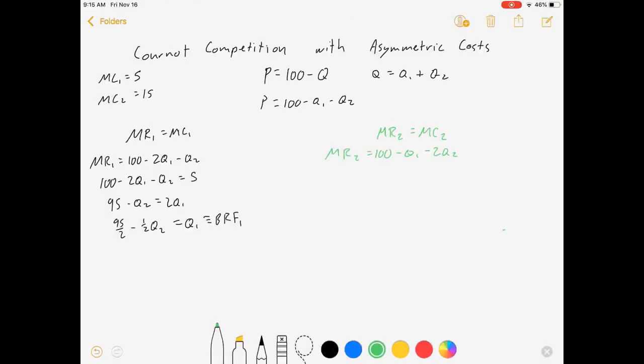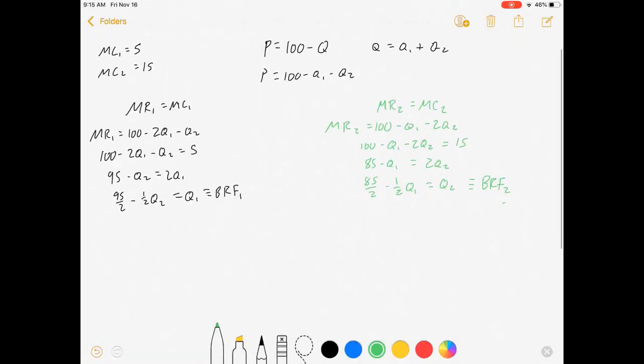Set that equal to marginal cost: 100 minus Q1 minus 2Q2 is equal to 15. So 85 minus Q1 equals 2Q2. 85 over 2 minus 1/2 Q1 is Q2. And that's firm 2's best response function.